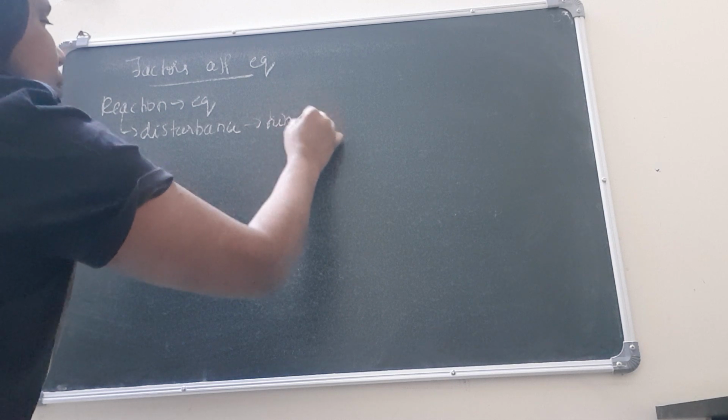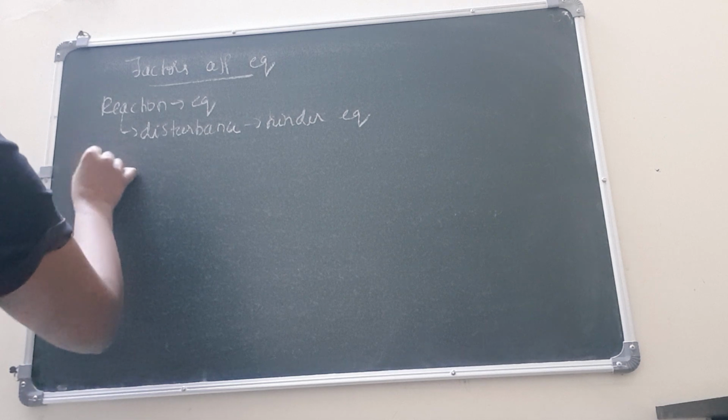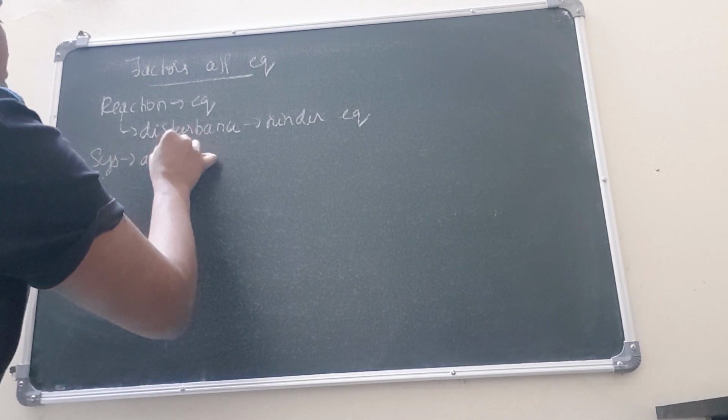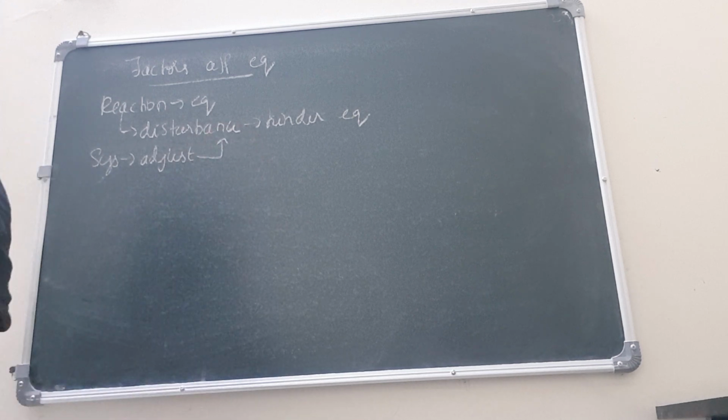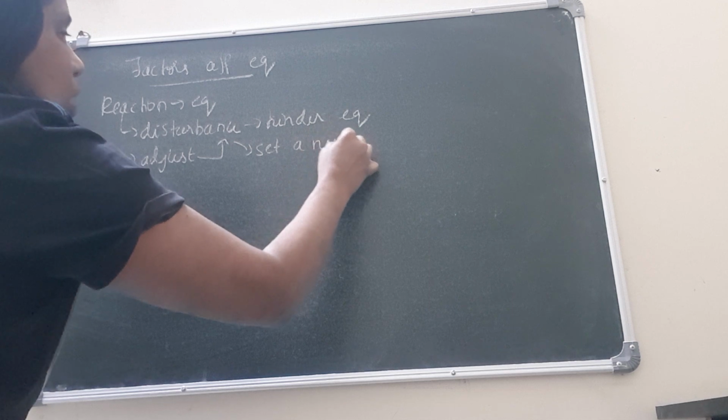That is what I call as a disturbance. But anyways, disturbance is there which is trying to hinder the equilibrium. Okay, then what happens? The system will make adjustments to counteract the disturbance. System will adjust itself to counteract the disturbance and then set a new equilibrium.